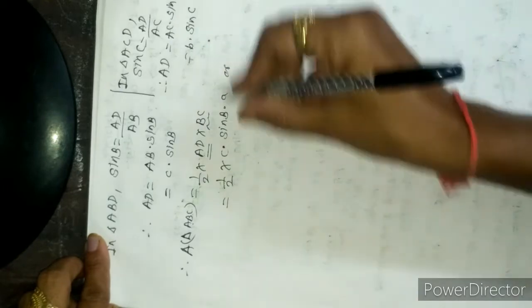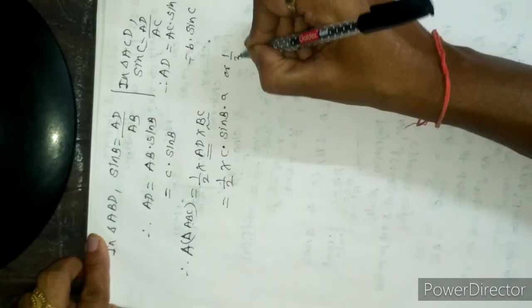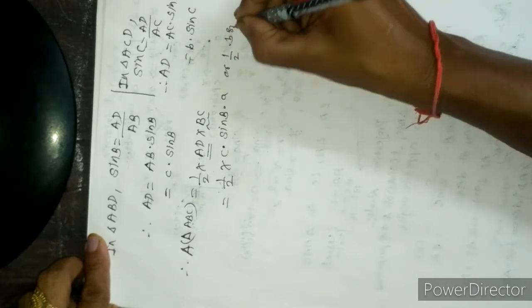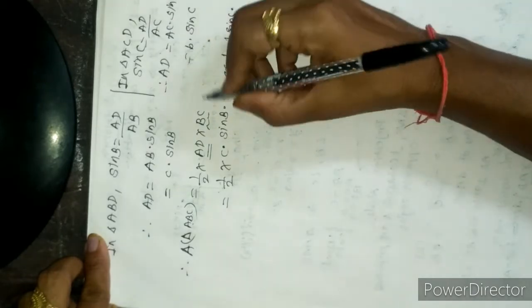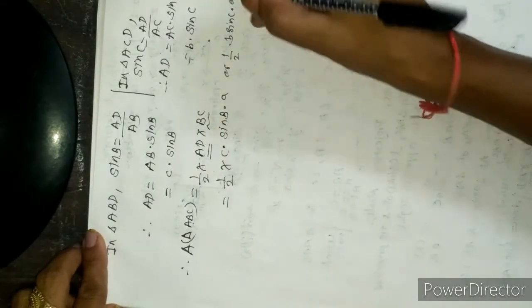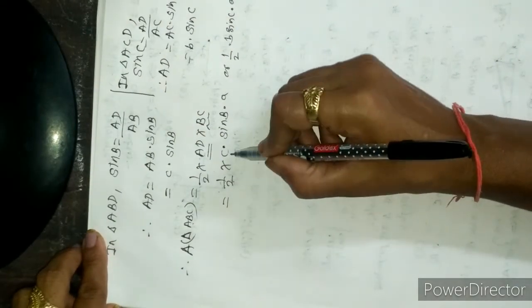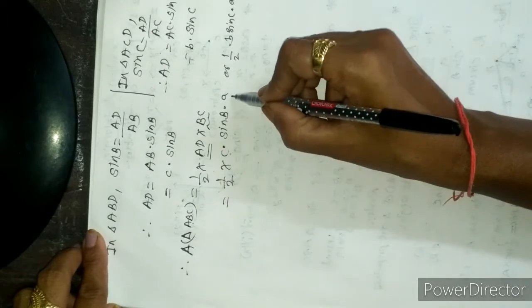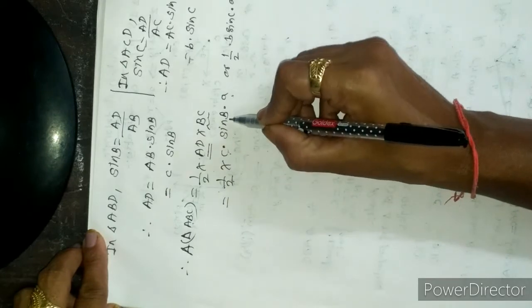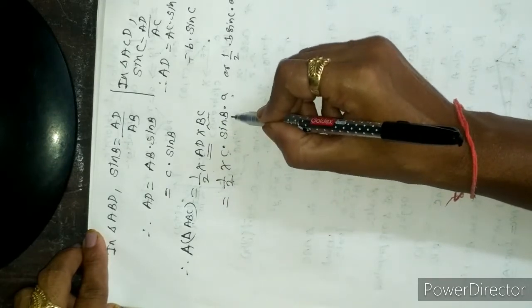Or for the same half AD, here b sine C and BC is nothing but a. So we take half, c the length of one side, a the length of another side, and in between these two sides the sine of the angle between them.